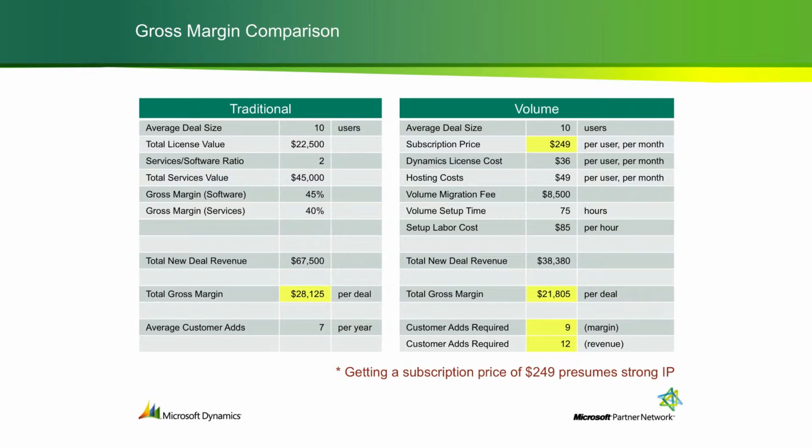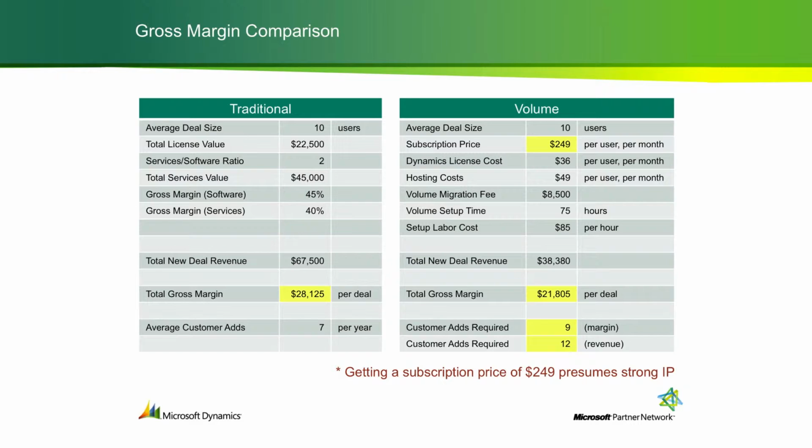Now, the margin is not quite as much lower in the case of the cloud or volume deal, but basically under these assumptions, the way that it works mathematically is that if you're a traditional Dynamics partner today, selling 7 new customer adds per year, as you move to a volume-oriented, subscription-based, cloud-based business, you will need to add more customers.